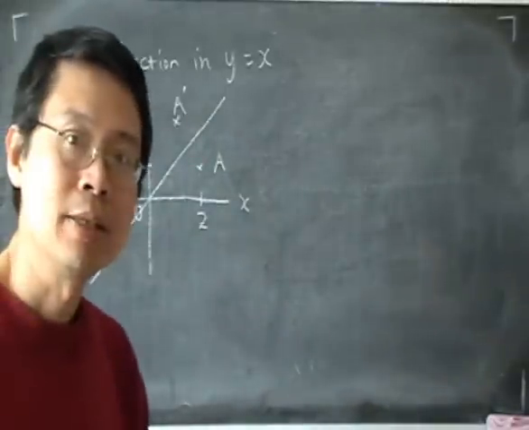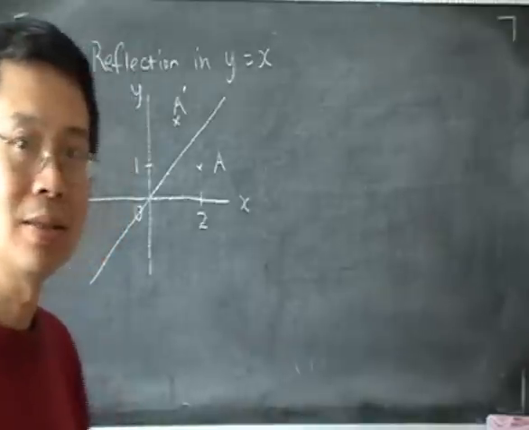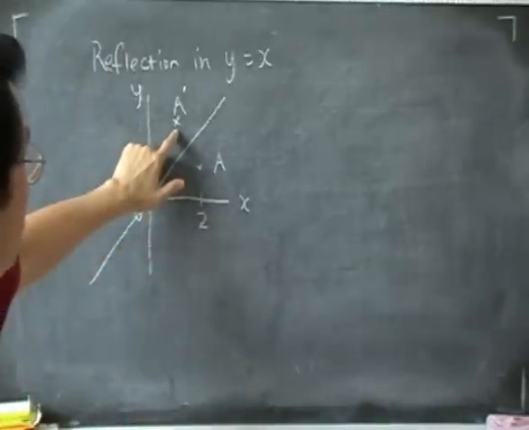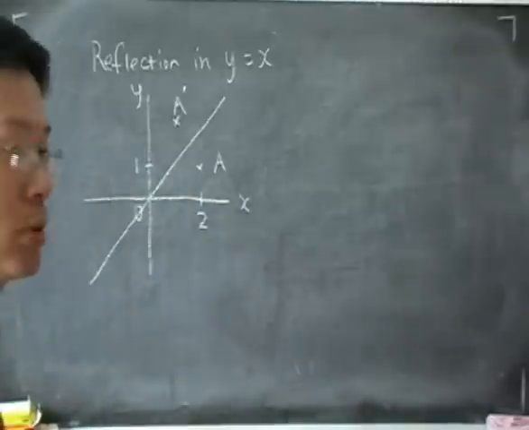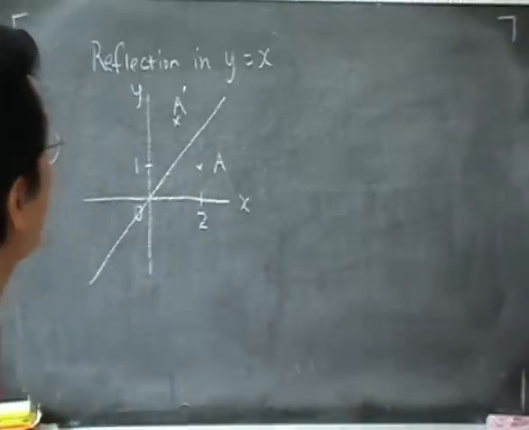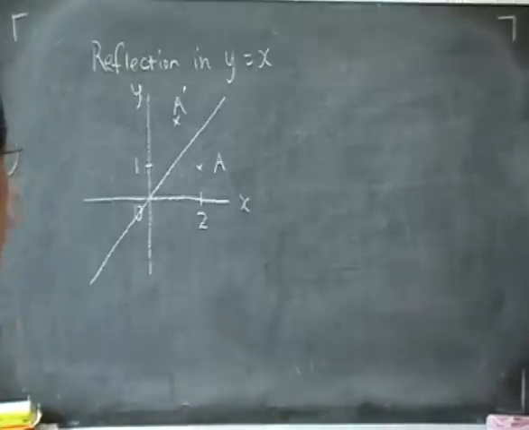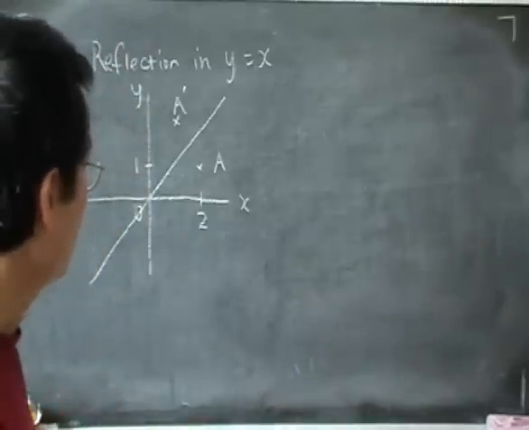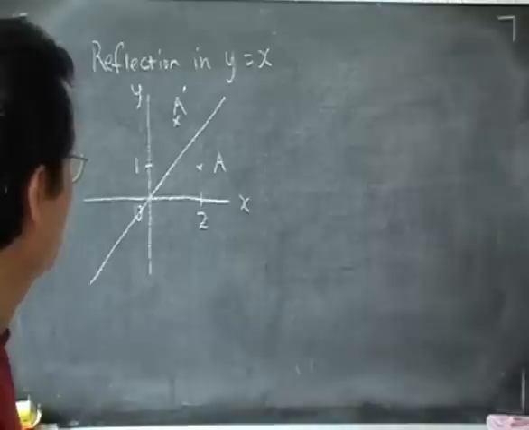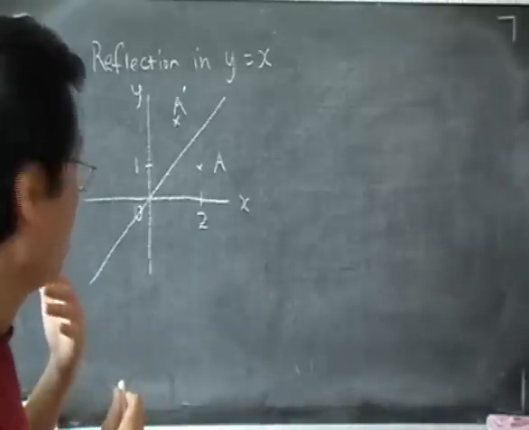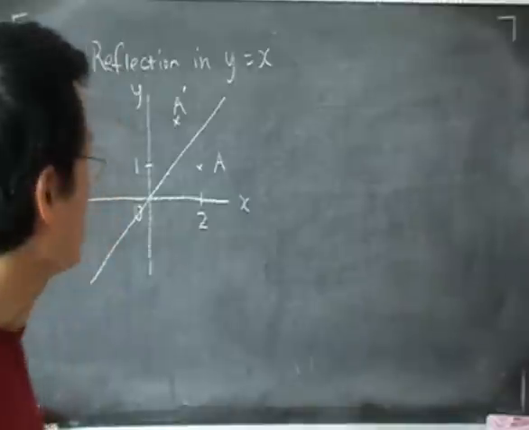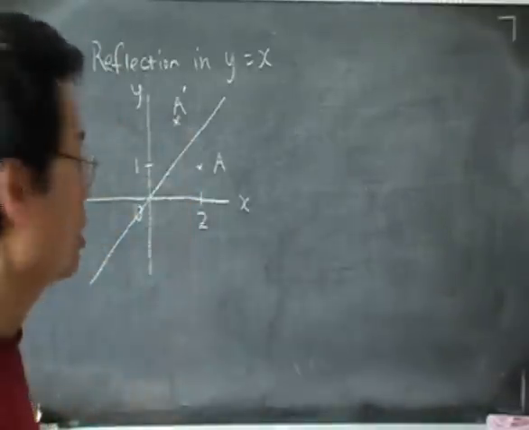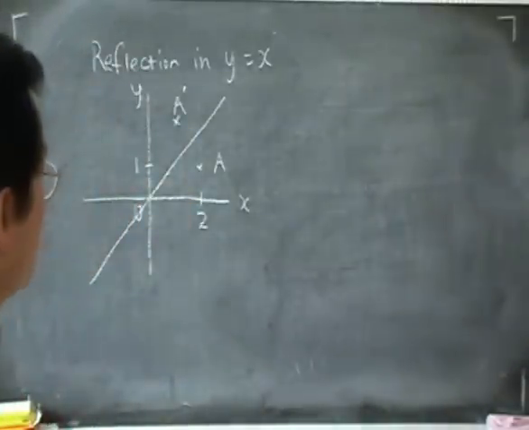Right? But where exactly is there? What are the coordinates of the image? Again, there's a matrix to get to this answer, but let us try and understand this with geometry, understand how we can actually find the coordinates of A prime.